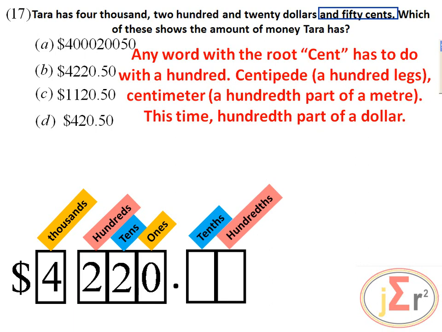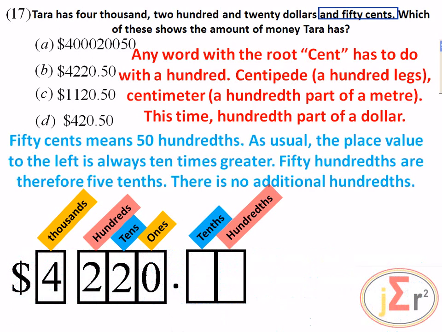So we have two place values for the cents, the tenths and the hundredths, because you cannot include the hundredths place value without including the tenths place value. So we have included the tenths place value because we cannot have the hundredths place value without it. 50 cents mean 50 hundredths.